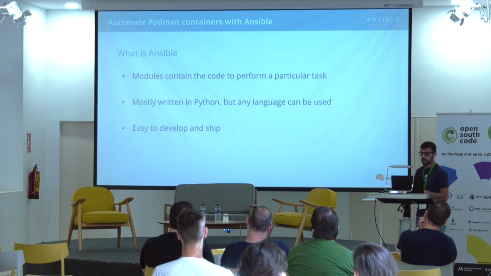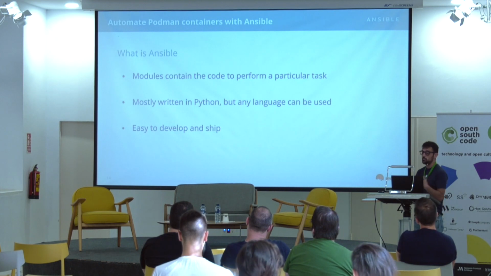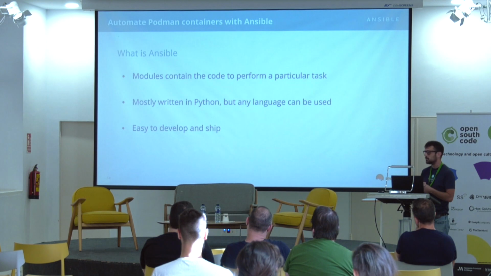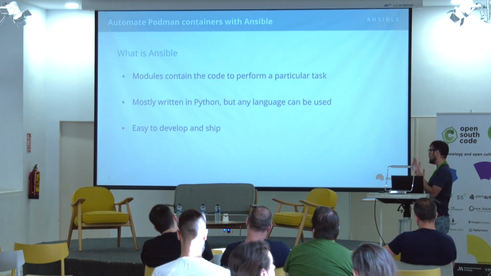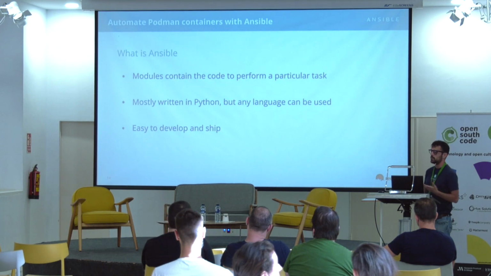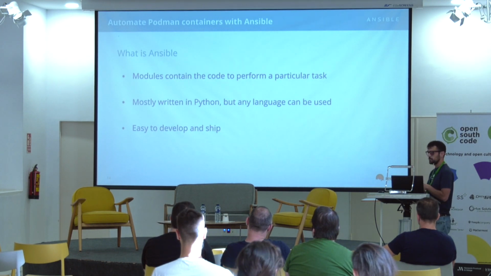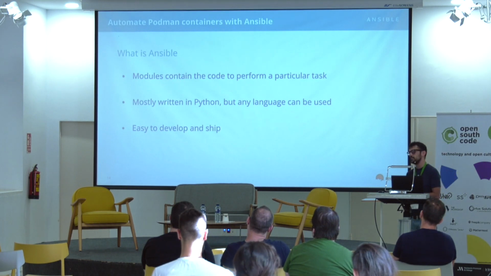They're mostly written in Python because they accept JSON and they return JSON, but you can use any language. I've seen modules written in Bash, even Golang, but from a community perspective, all the tooling, CI/CD, and the linters and everything is pretty much in Python. They're easy to develop and ship. You can very easily imagine that you have a need for a particular task that you don't find a module for.